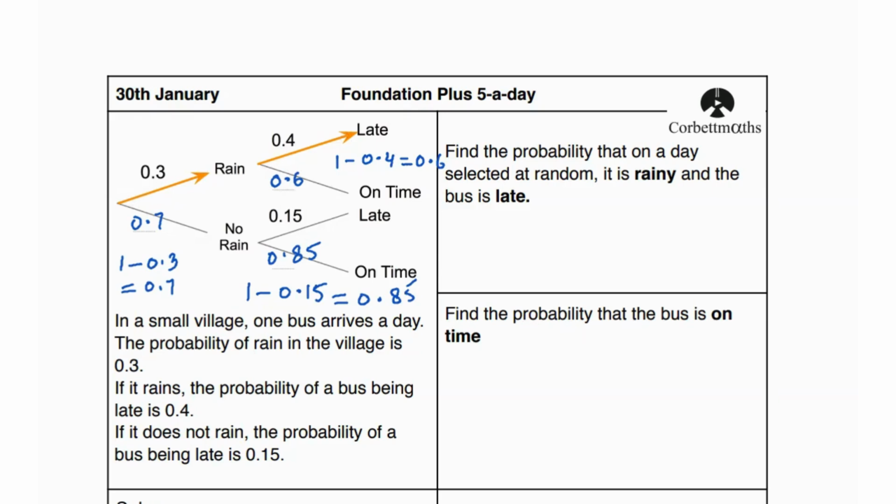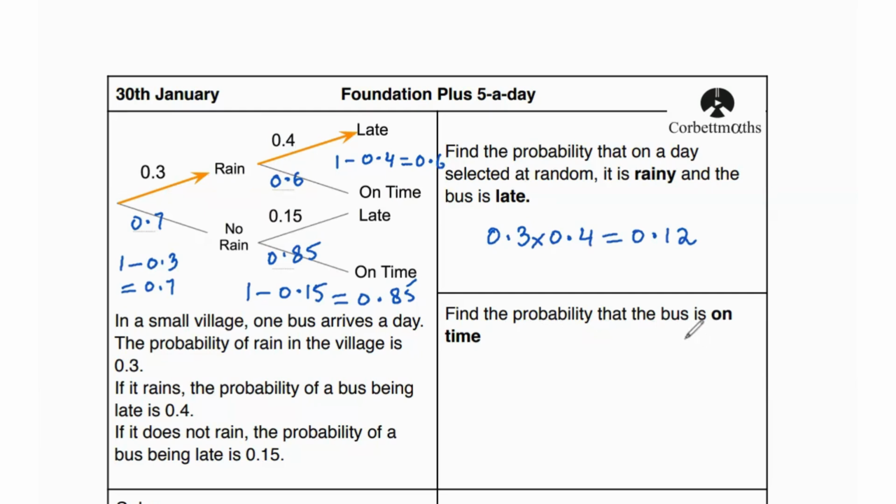So that means we're going to do 0.3 times 0.4, which is 0.12. Once again, going along the branches, you multiply the probabilities. Whatever the branch is, as long as you're going along it, you times the probability.